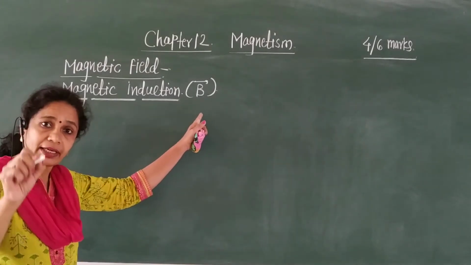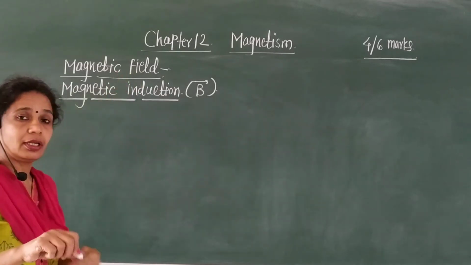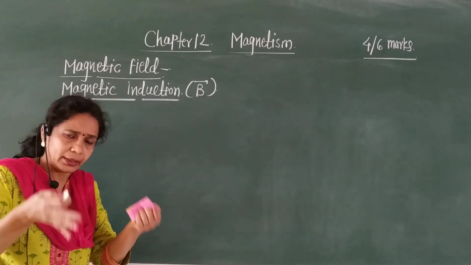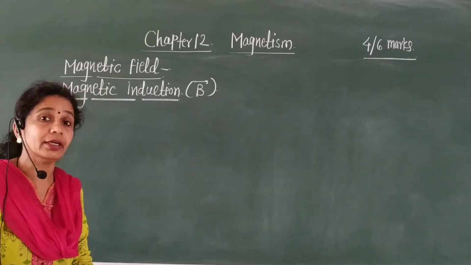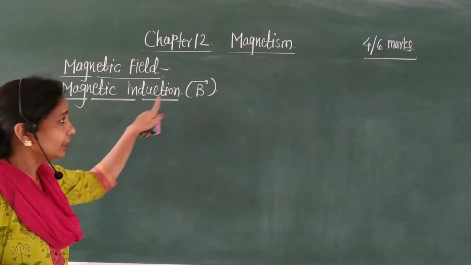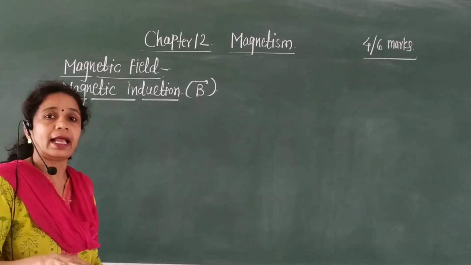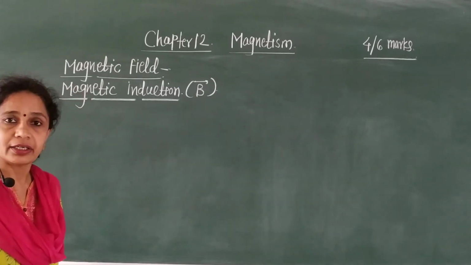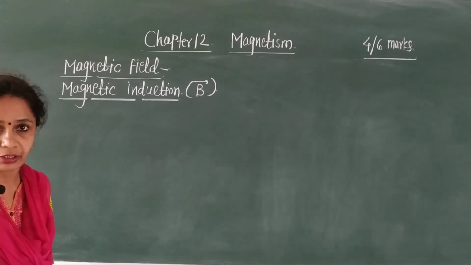It is defined as: if the strength of magnetic field is represented in vector quantity, then it is called magnetic induction B vector.